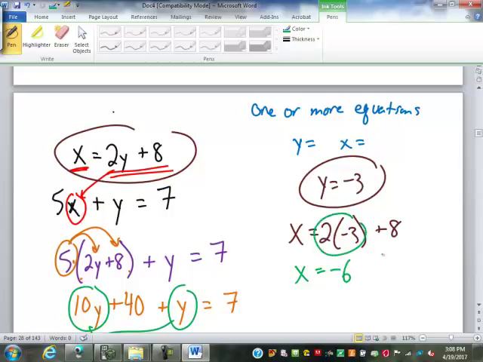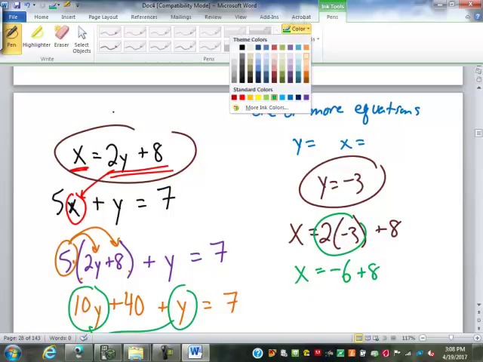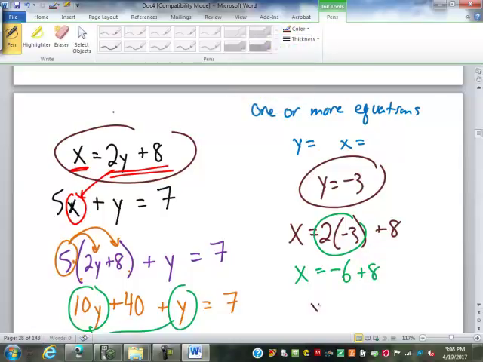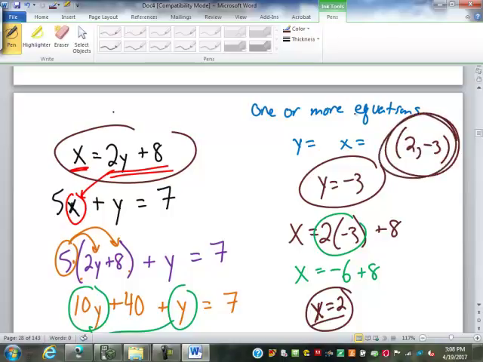Negative 6 plus 8 is positive 2. So x equals 2. So x is 2, y is negative 3. So 2, negative 3 is the solution to that system of equations.